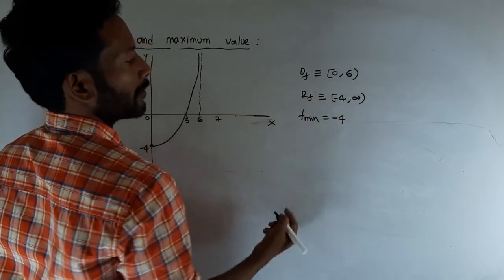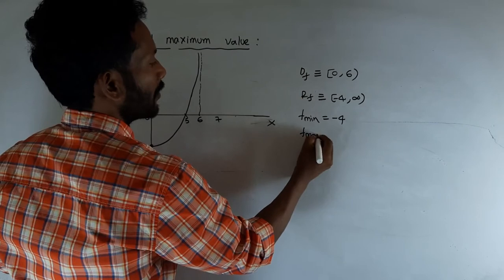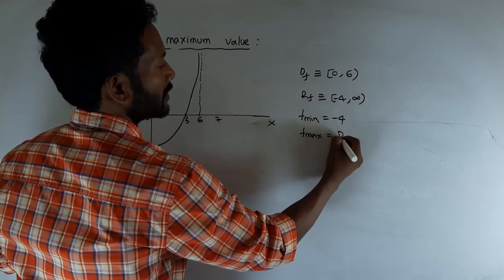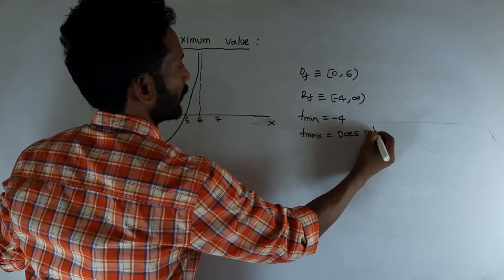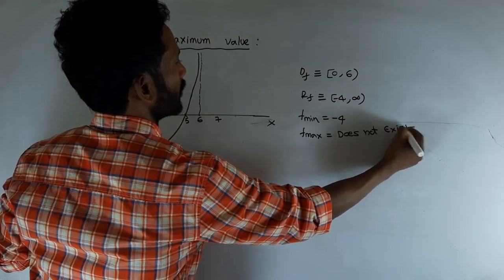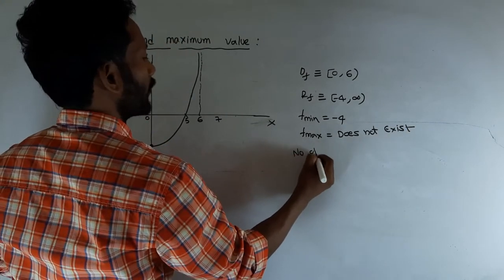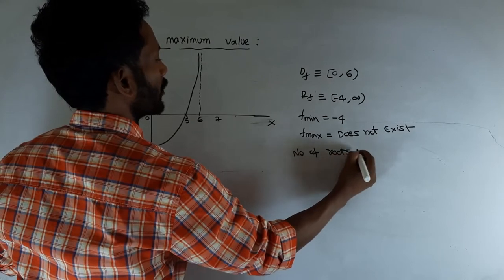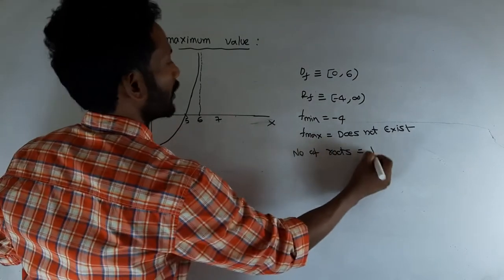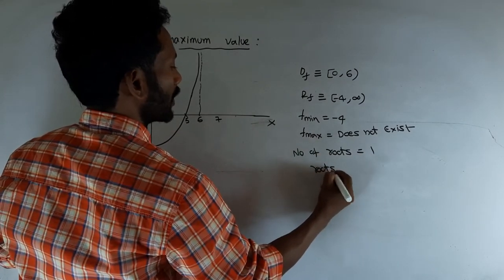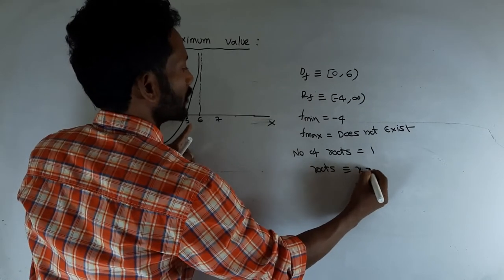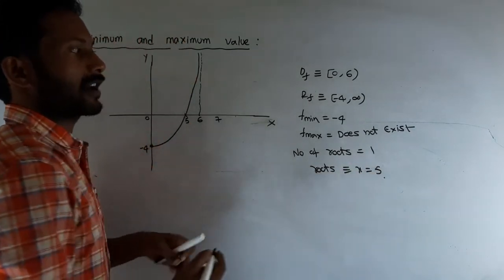Range is between minimum and maximum. F maximum does not exist. Infinity means it does not exist. Number of roots, how many? Only one root. So the root is x equal to 5. I hope you are understanding.